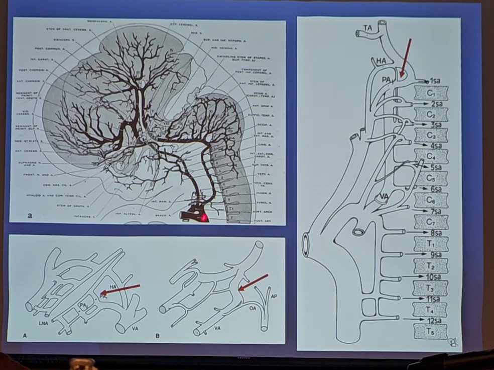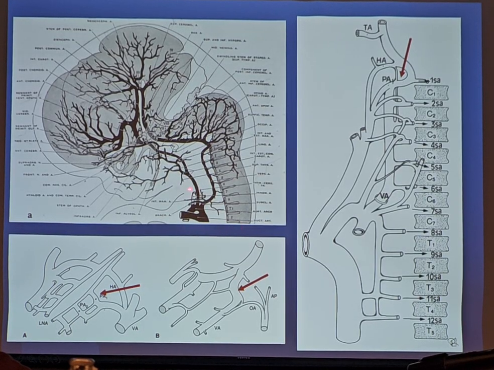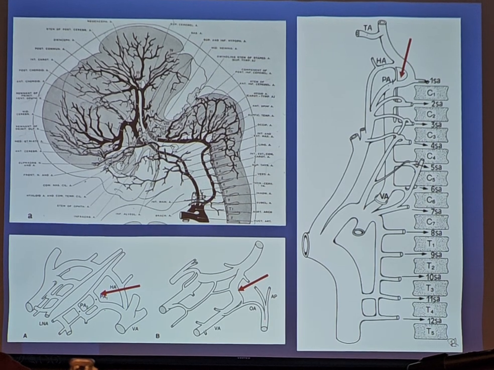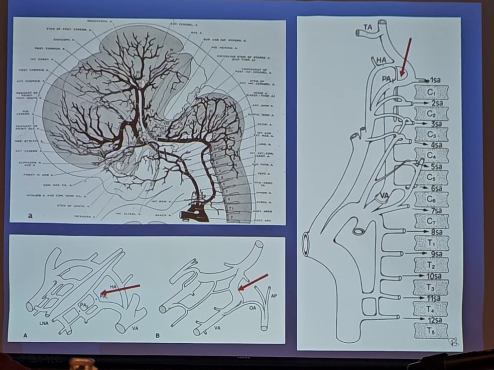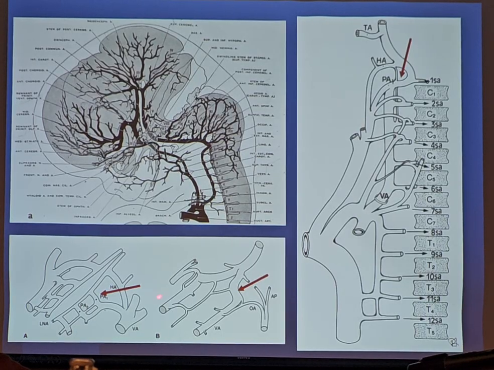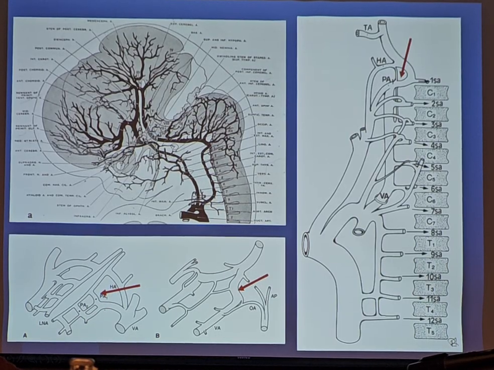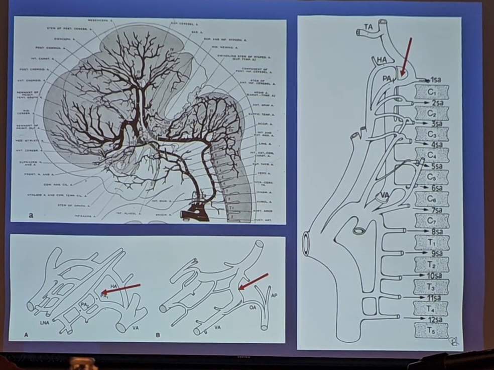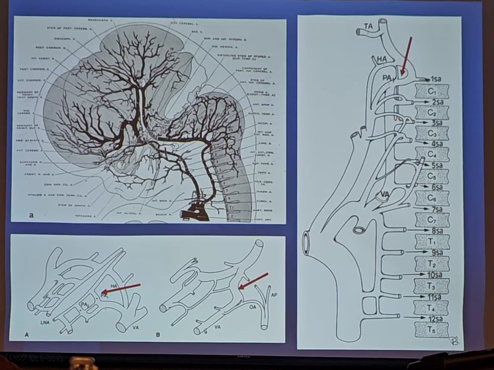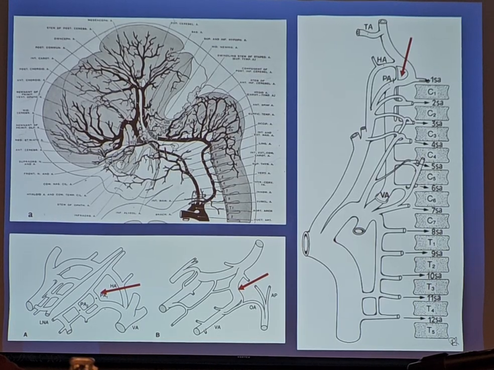As this fuses together, at the C1 level what do you see? The C1 vertebral artery is connected through proatlantal 1. This is the proatlantal 1 artery, which connects from the cervical intersegmental artery to the developing ventral longitudinal artery, which becomes the basilar artery.